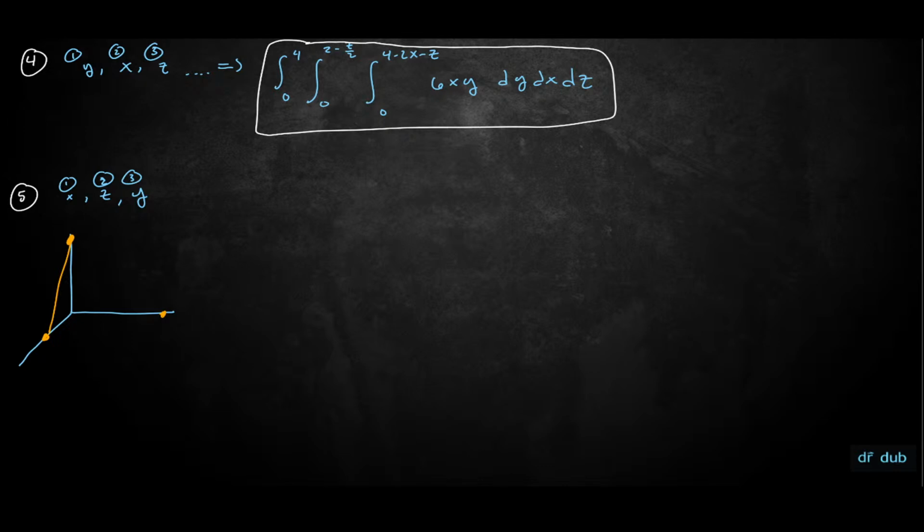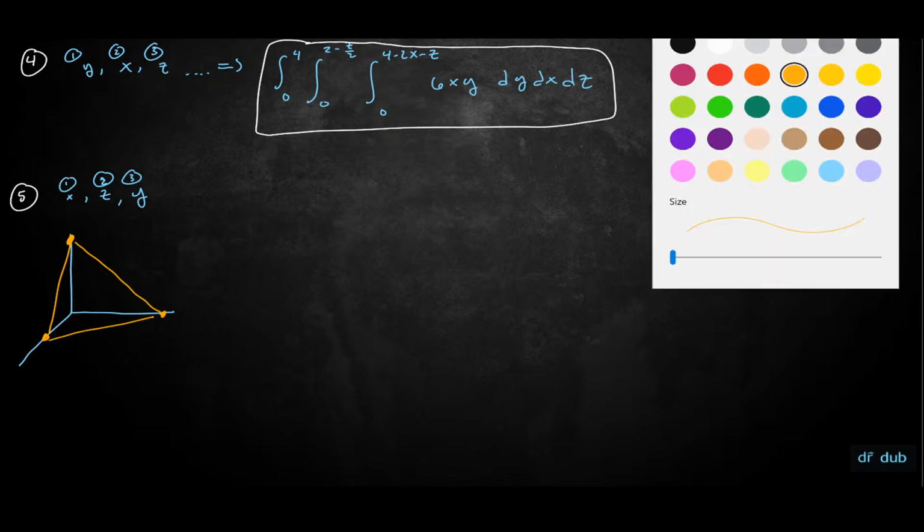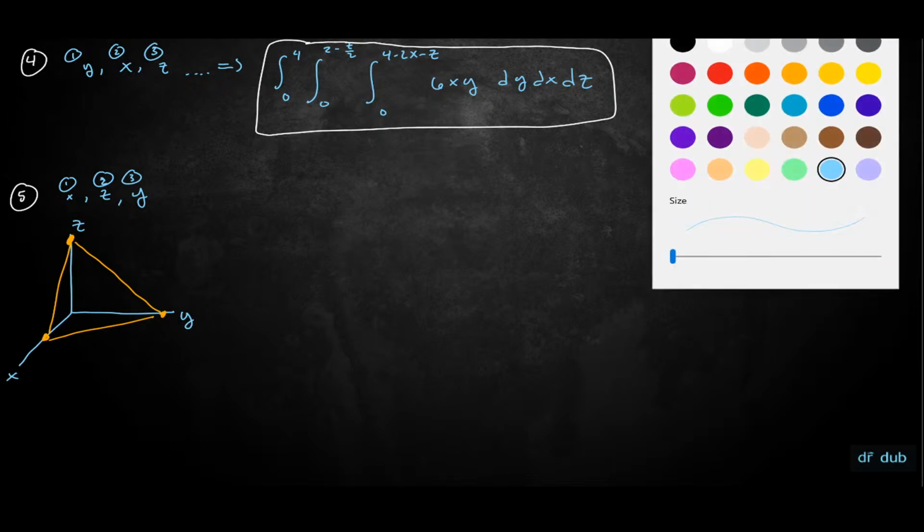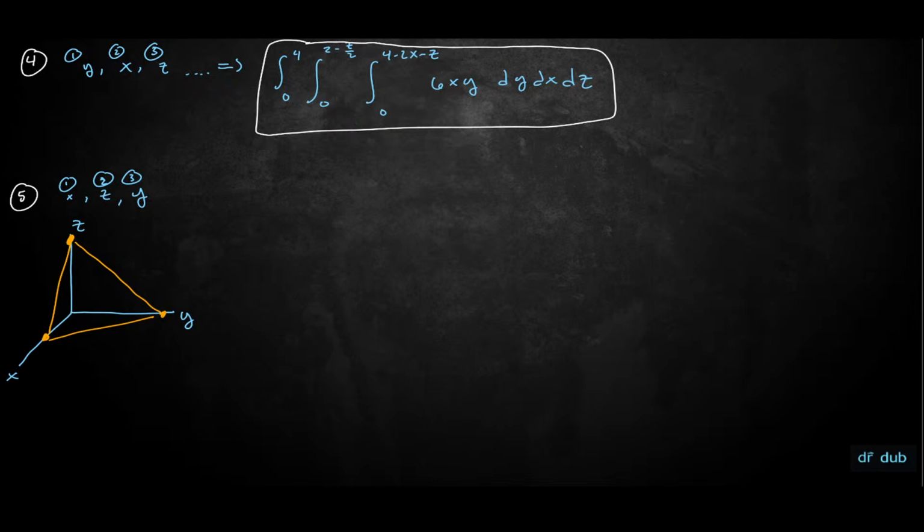Draw the tetrahedron again. And now we're going to do x first. And I'll say that x is going to go from 0 out to the plane. So 0 less than or equal to x less than or equal to the plane.